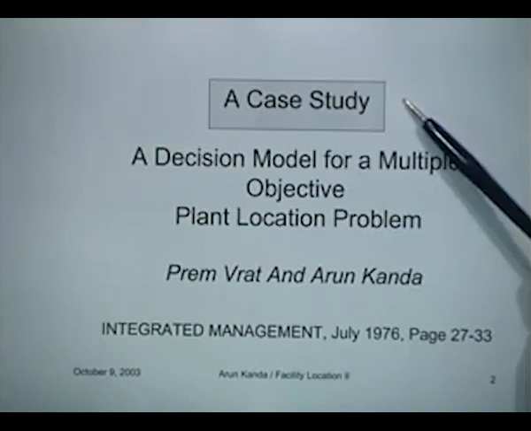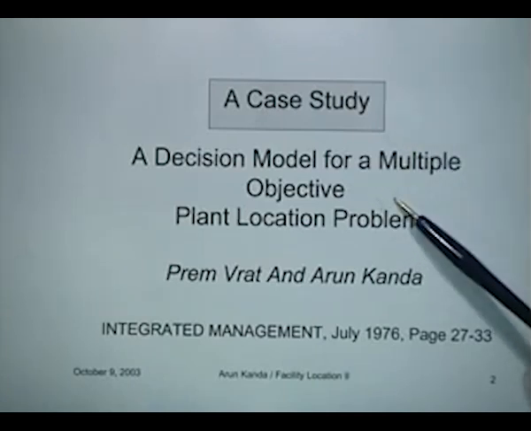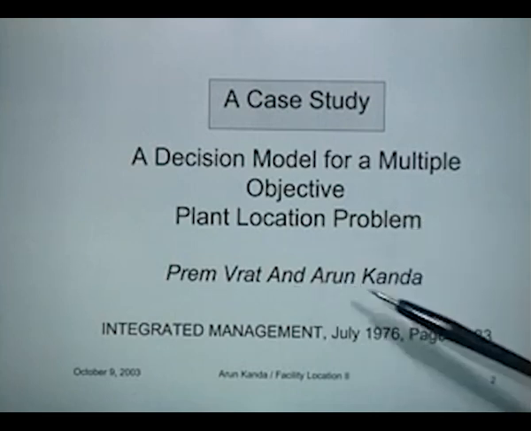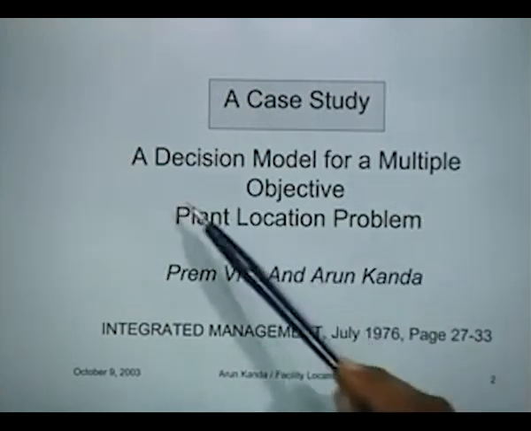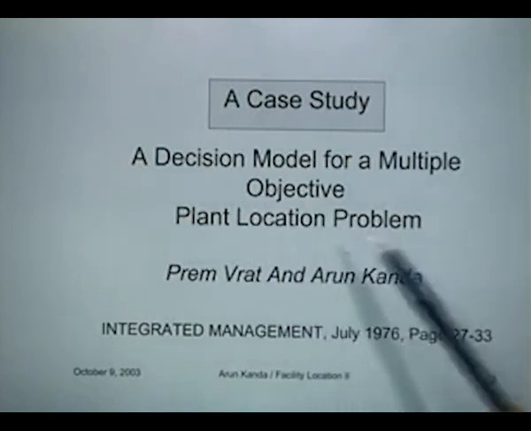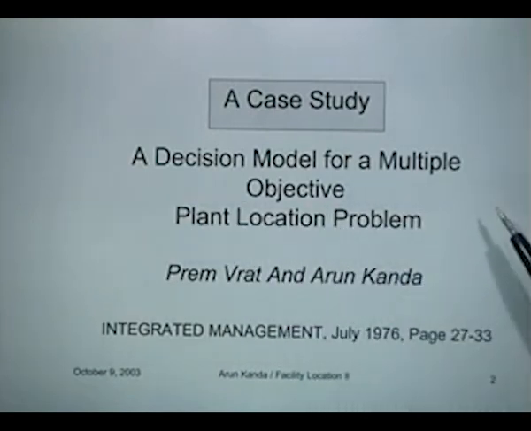This particular case study is actually based on a paper that Professor Premvrat and I wrote, and this is the reference. It's called a decision model for a multi-objective plant location problem.